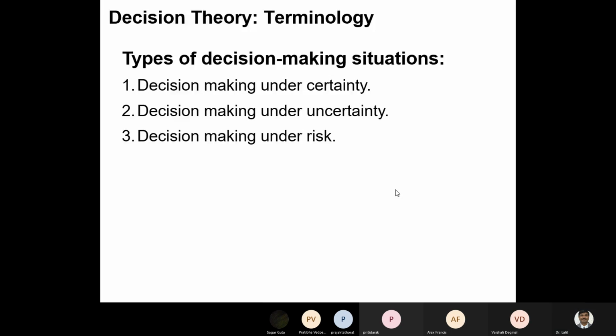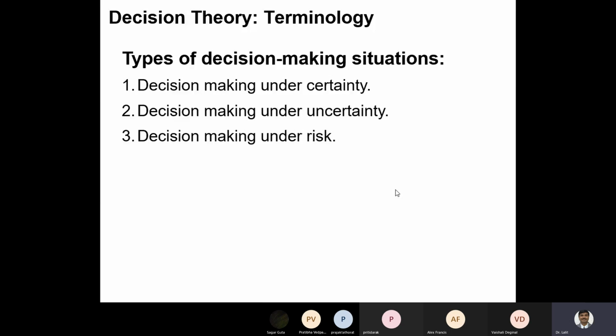So in this situation, with the help of probability, the decision maker can take decisions. The decision making under this situation is called decision making under risk.